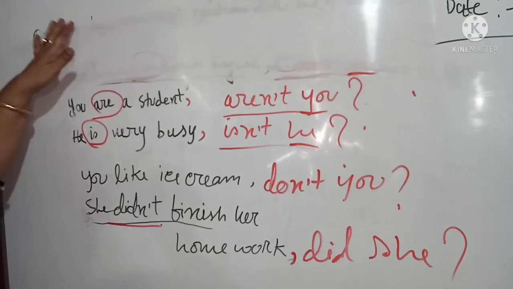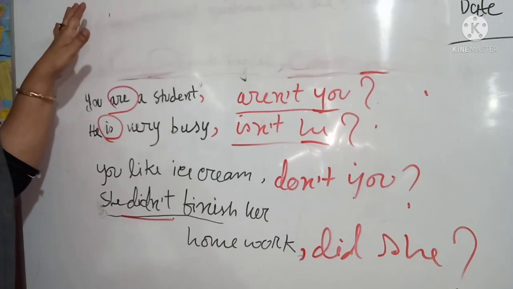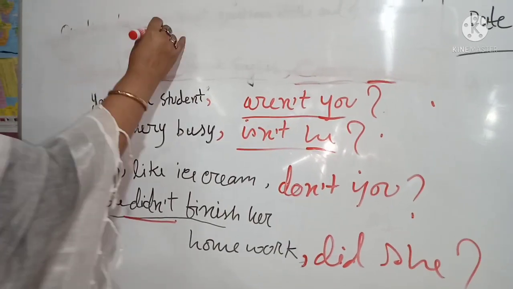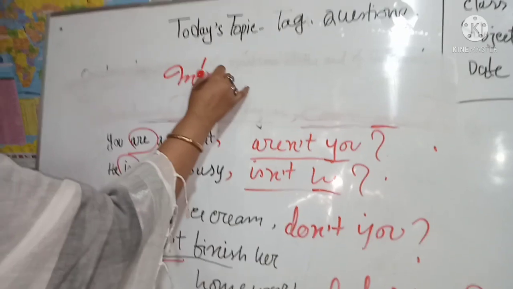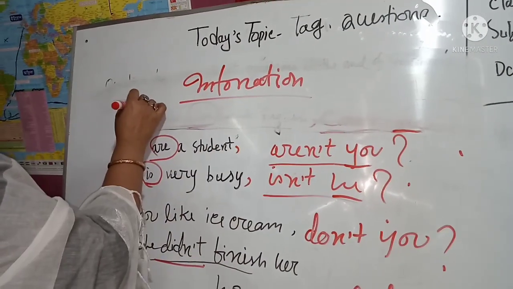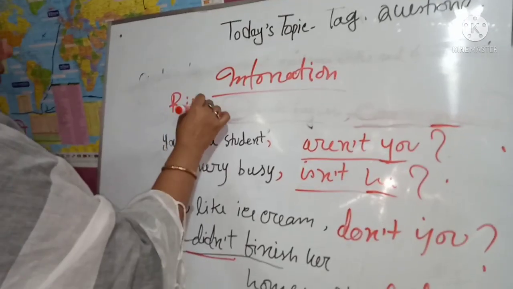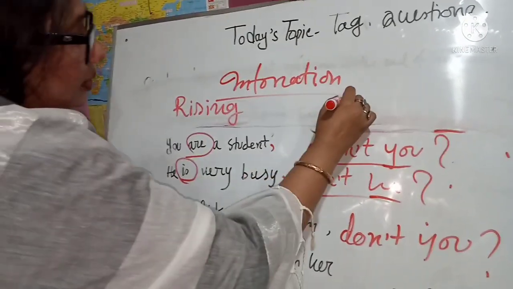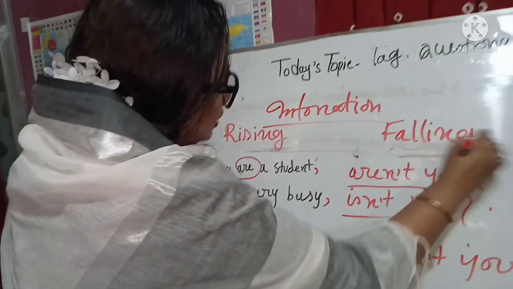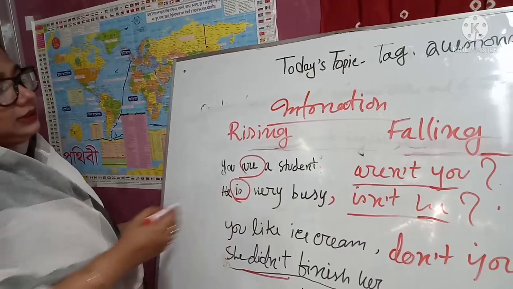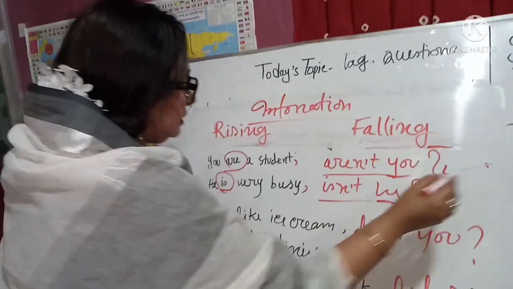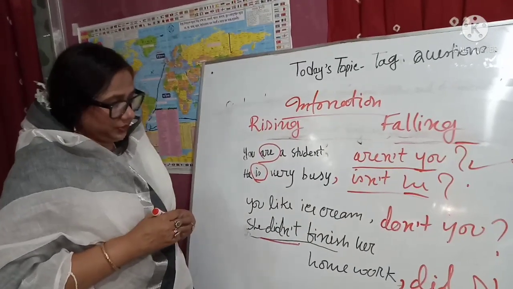Okay, and there are two types of intonation. Look here, intonation. One is rising intonation and the other is falling intonation. Look, you are a student, aren't you? This is rising intonation.